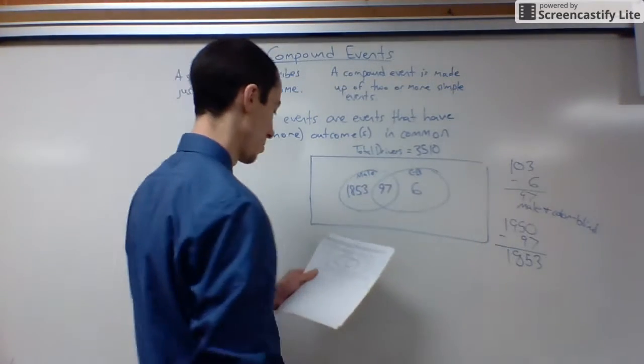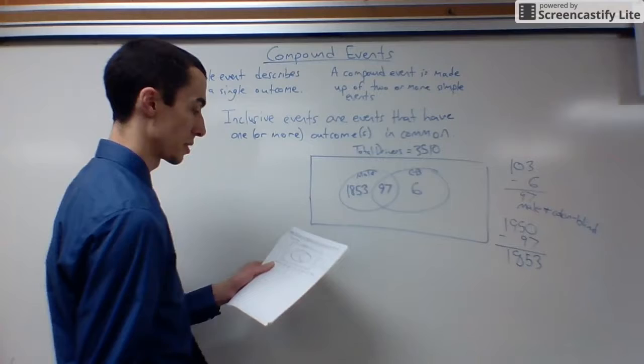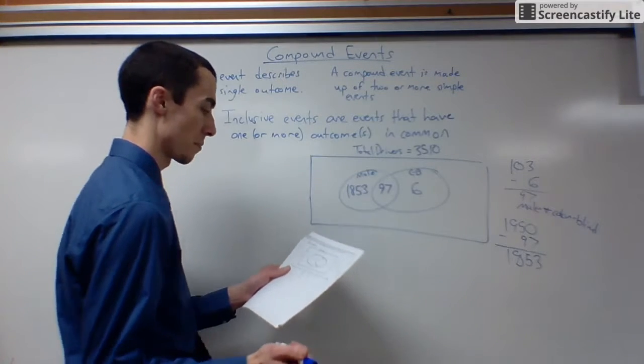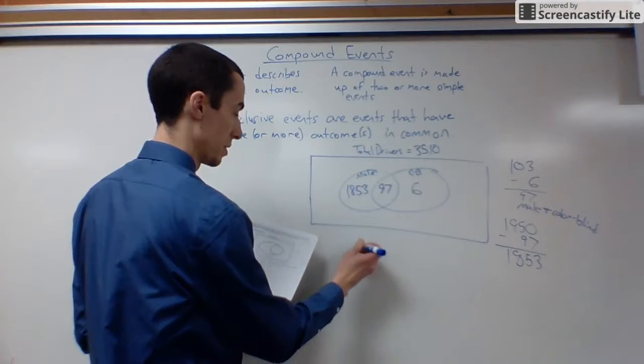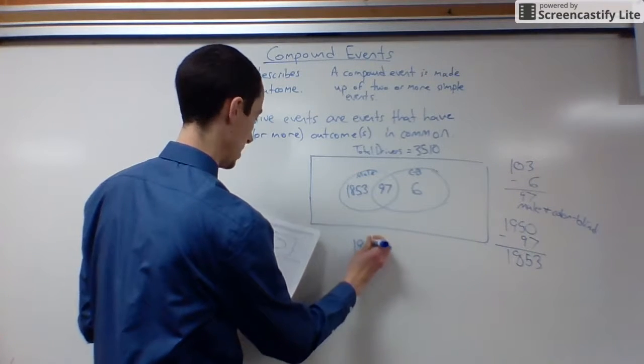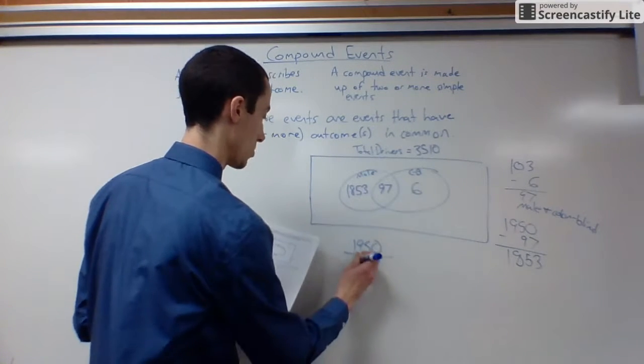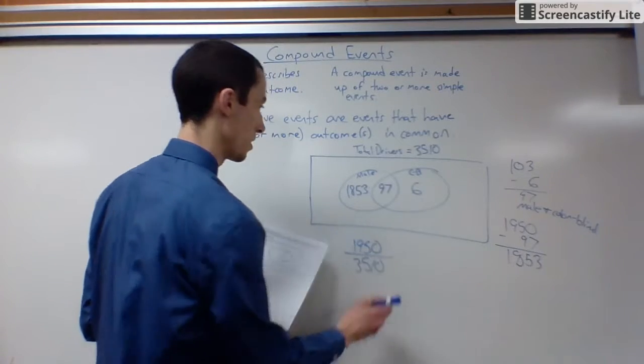So then, using the formula that's already partially printed for you on your sheet, we've got the probability of male, so that would be 1950 out of 3510.